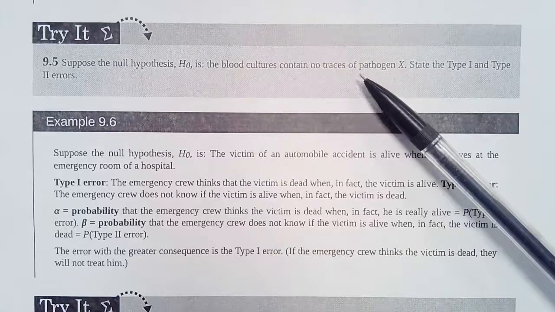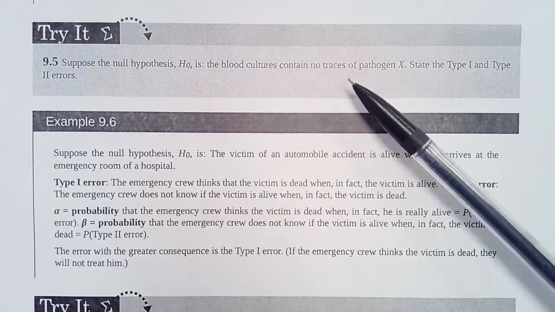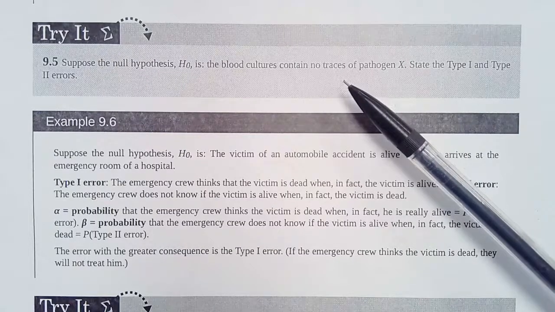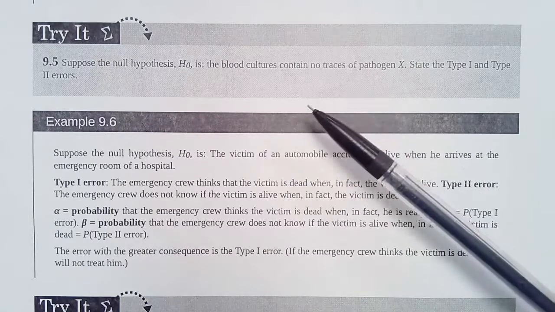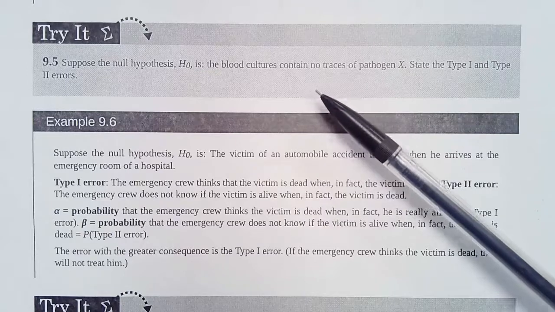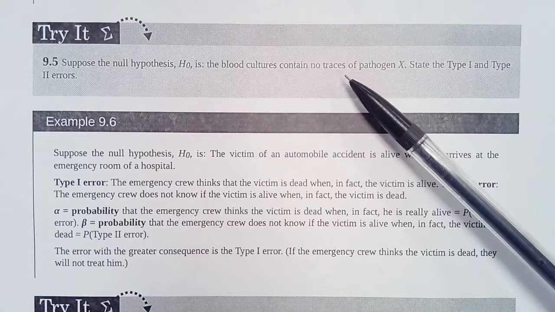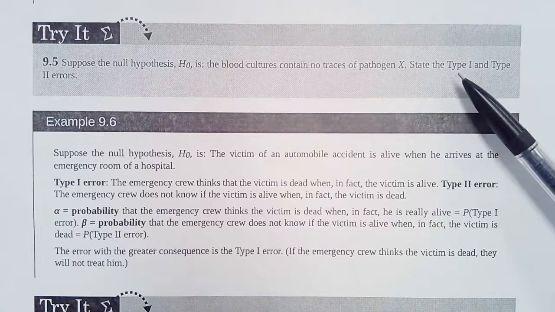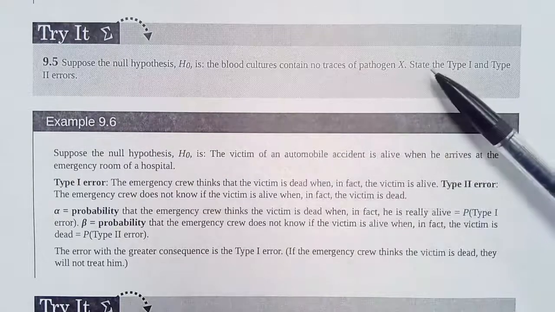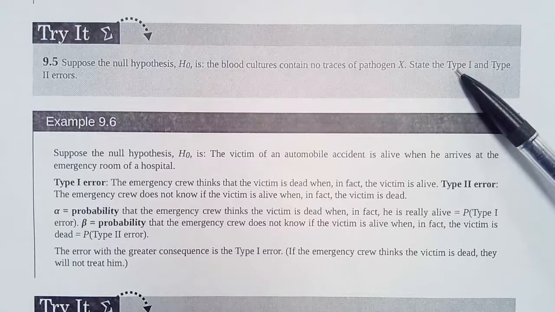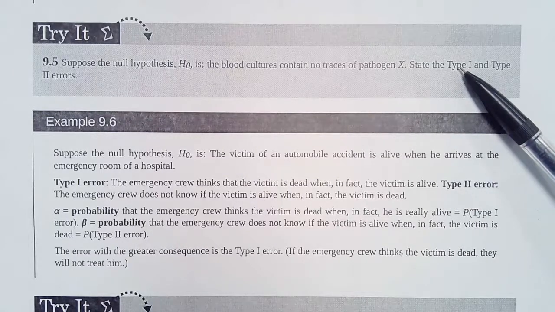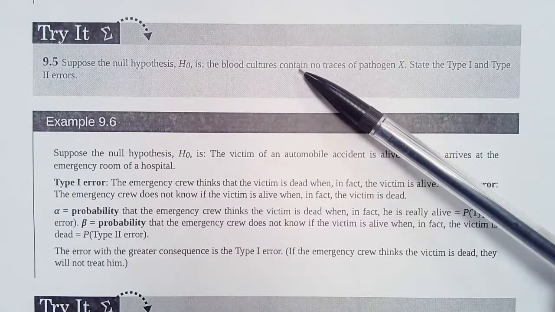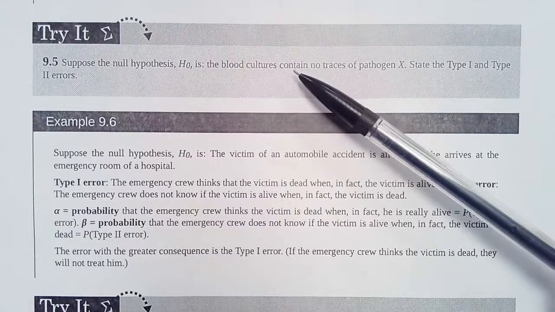All right, so if we look at the Try It 9.5 on page 506, this one says, suppose the null hypothesis, H sub 0, is the blood cultures contain no traces of pathogen X. And it's asking us to state a type 1 error and a type 2 error. So the type 1 error is the error when the hypothesis is true, but we reject that hypothesis.